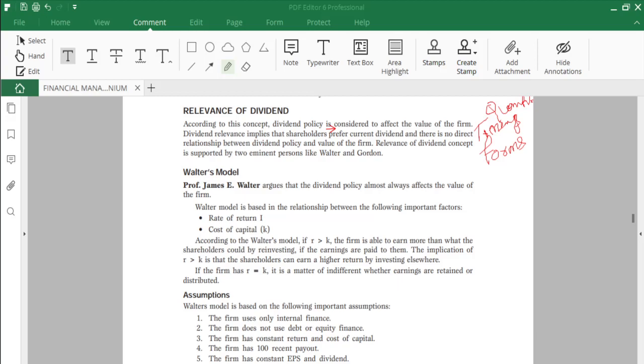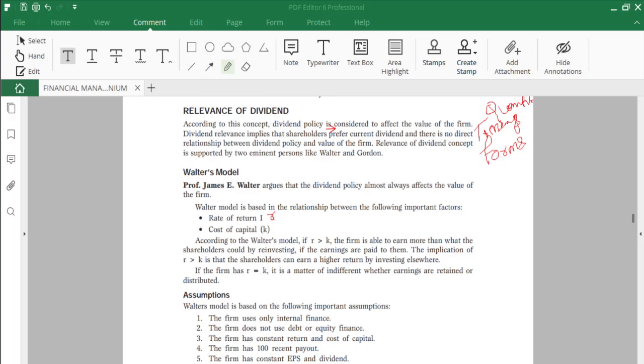Before we understand how and when it affects, let us read further. The Walter model is based on the relationship between two factors: one is your return, and the second is your cost of capital. We can also say this is r.